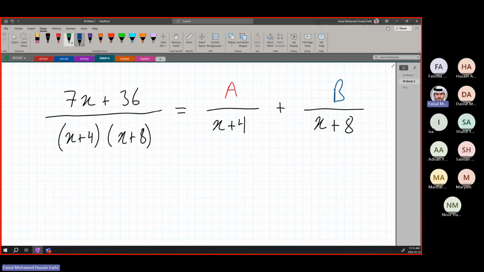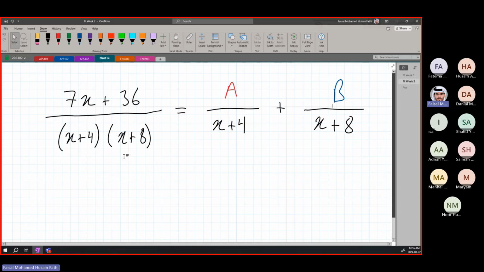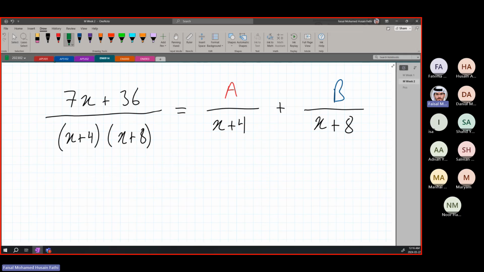How can we do this? We are going to multiply both sides by the denominator. So what does this mean? We are going to multiply this side by x plus 4 times x plus 8, and this by x plus 4 times x plus 8, and this by x plus 4 times x plus 8.